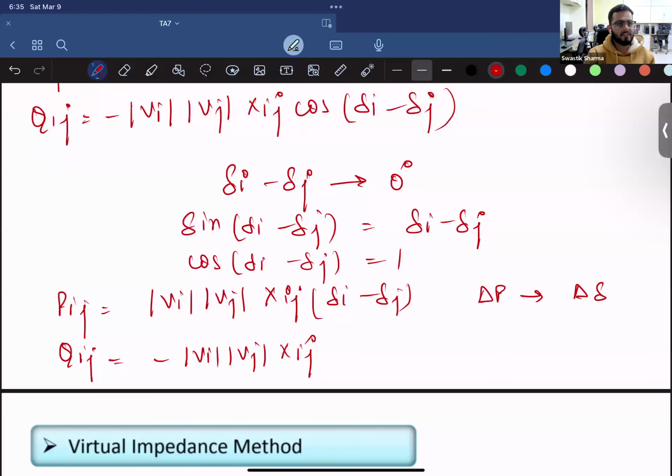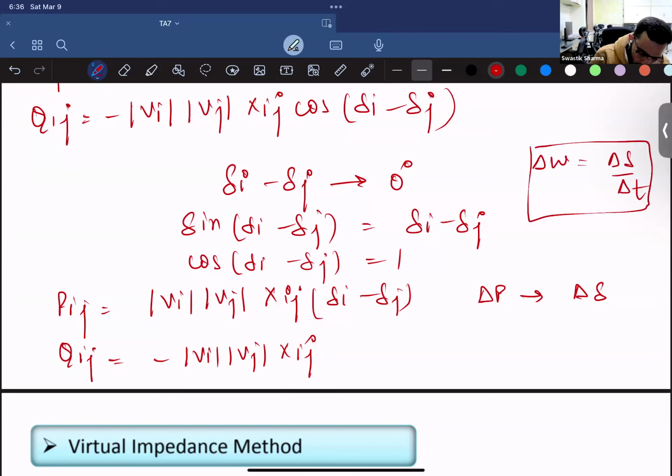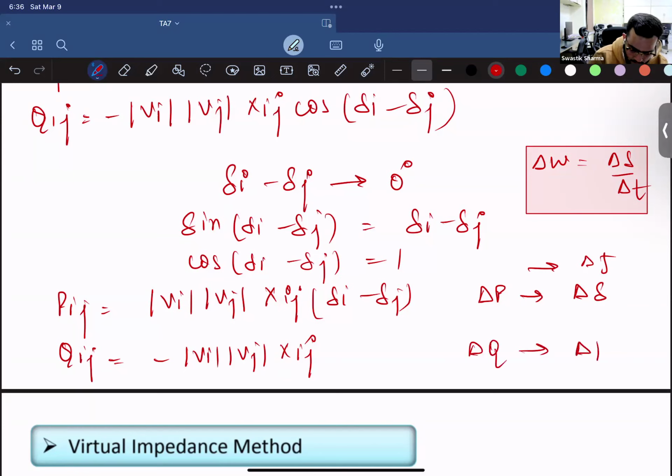The phase angle difference produced at the synchronous machine side is what contributes to the frequency, because delta omega is delta delta by delta t. So we generally take this assumption that delta P will be dependent on delta f only. And here you can see that delta Q is dependent strictly upon the voltage magnitude.